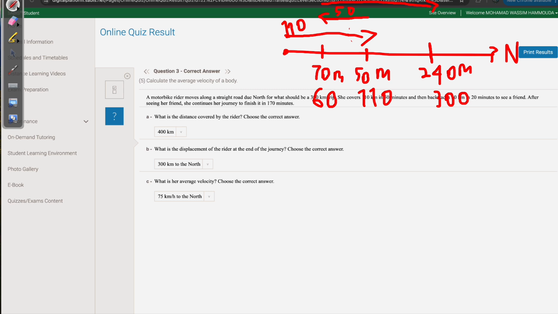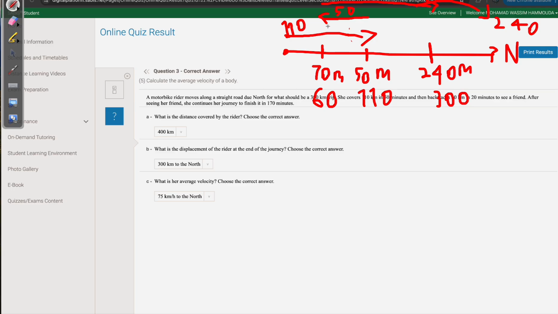This one arrow, I'll put it here, is 240, because again we went from 0 to 110. Then she went back 50, so we're at 60 now. And from 60, plus what will give us 300, which is the end of the journey.